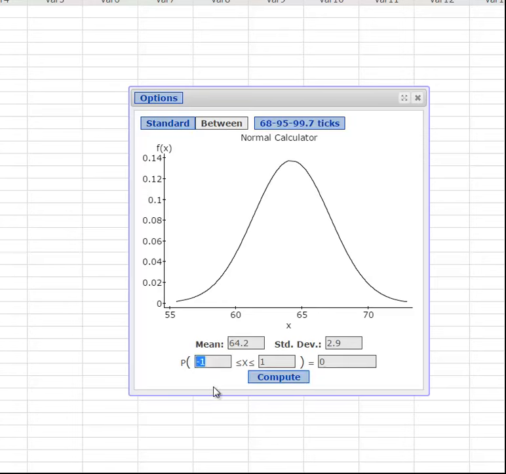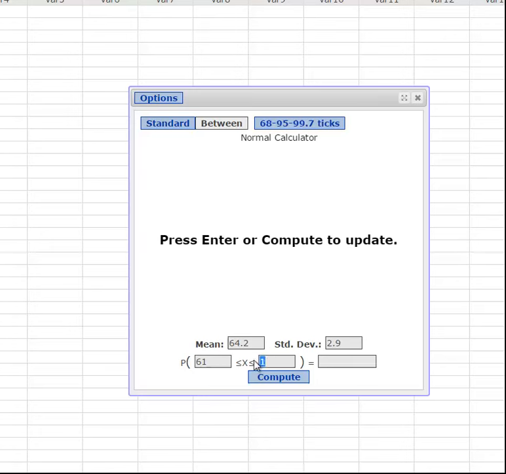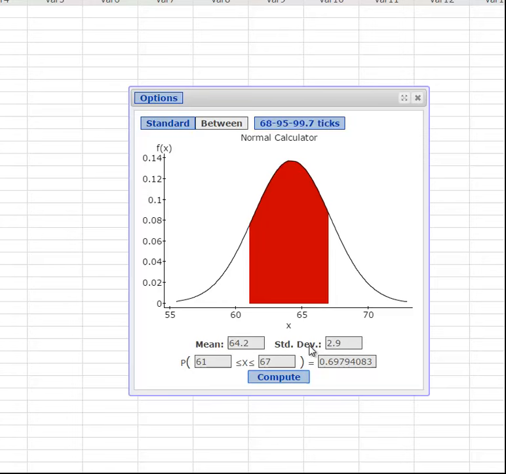I want to change these interval endpoints to be between 61 and 67. It shades that corresponding area, and that probability again is close to 0.7. It's about 70% of the population of women ages 20 through 29 would have a height between 61 and 67 inches.